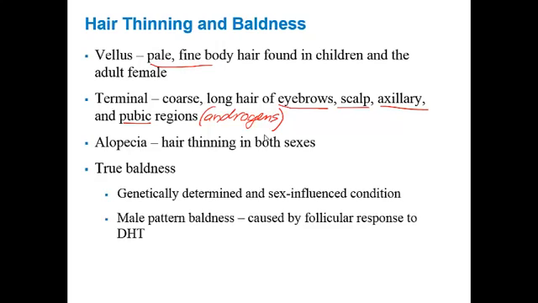Some of those are things like nutrition and hormones. Also, blood flow going to the hair follicle itself can affect growth. Some of the homeostatic imbalances that can result here are things like hirsutism, which would be excessive hairiness.